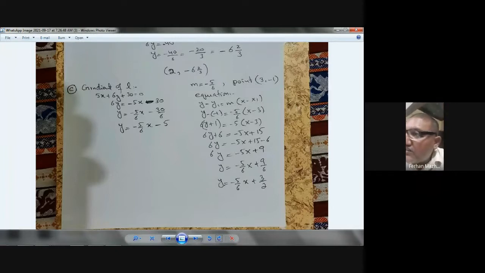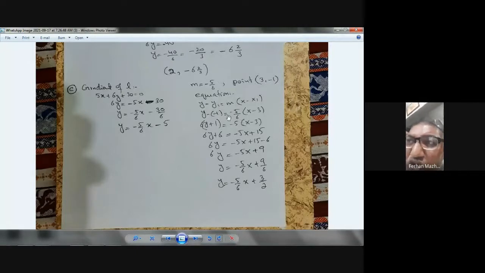The process is you write the formula y minus y1 equals m bracket x minus x1. You just put these values: y minus the value of y1, which is minus 1, so plus; the value of m is minus 5 by 6; the value of x1 is 3.